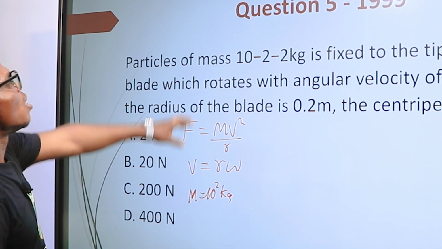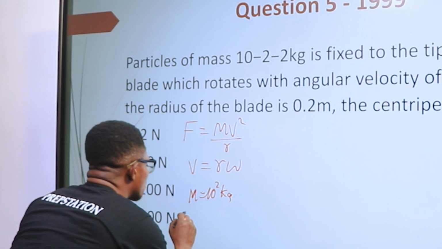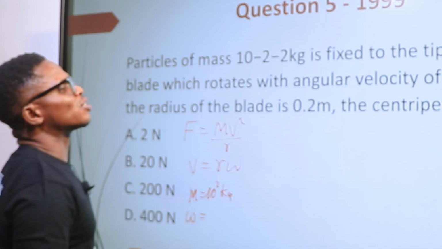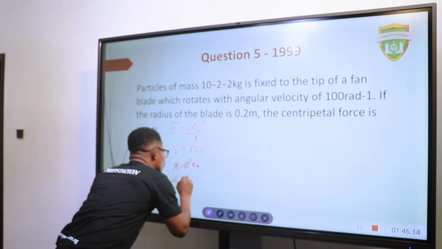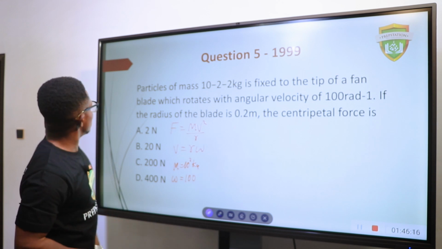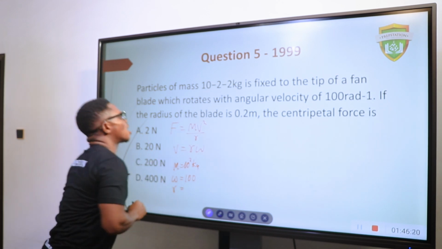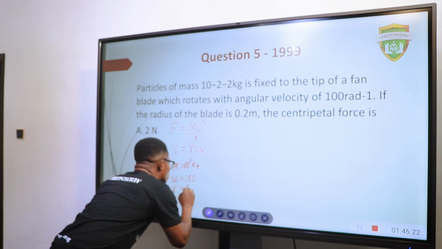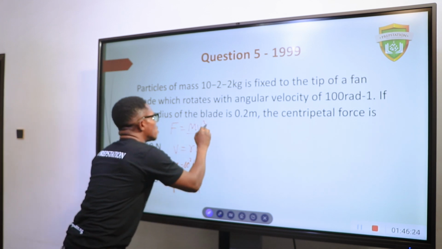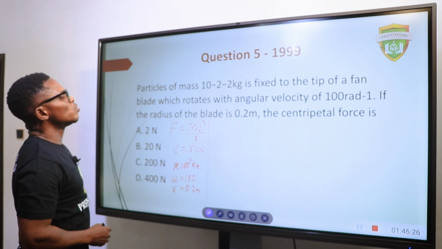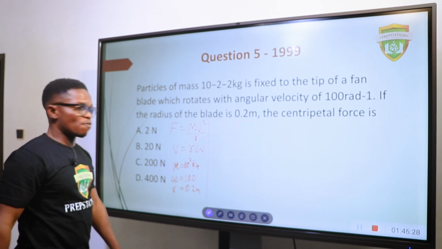What else? Angular velocity omega, we have it as 100 per radians, so 100. What else? If the radius of the blade, so we have r as 0.2 meter. So how do we find the centripetal force?